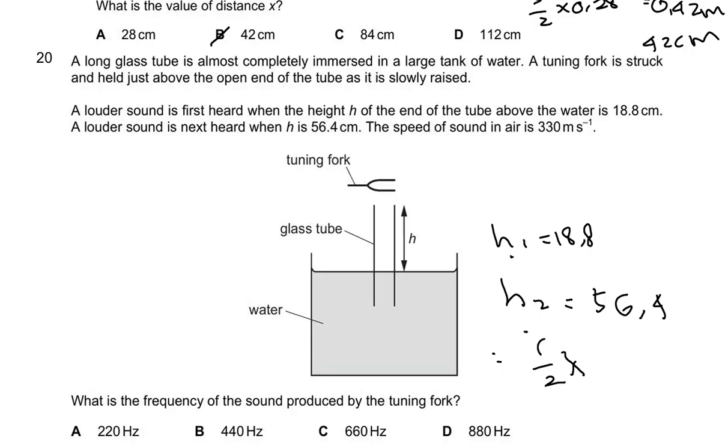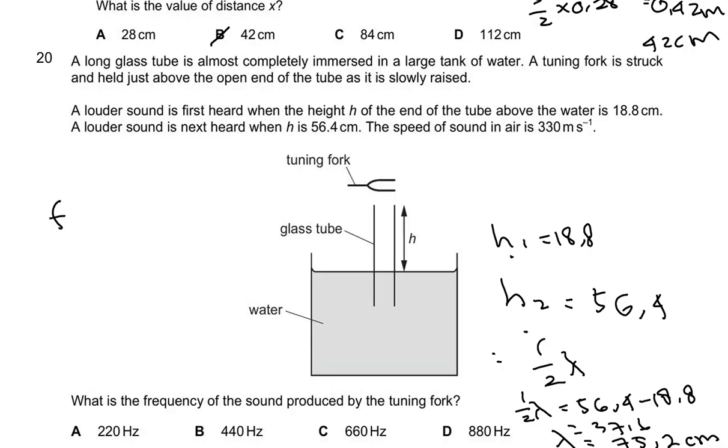So the frequency, and then we calculate the half wavelength. Half wavelength equals 56.4 minus 18.8, and then the wavelength equals 75.2 centimeter.